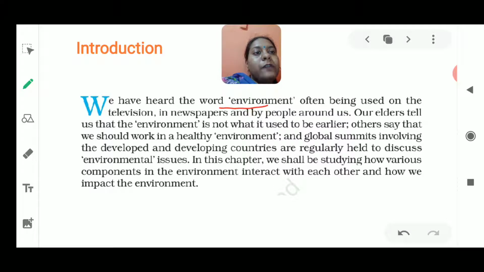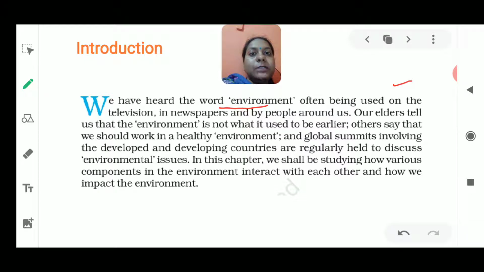Why is this so important? This topic is taken from your NCERT book itself: we have often heard the word environment on television, in newspapers and from the people around us.